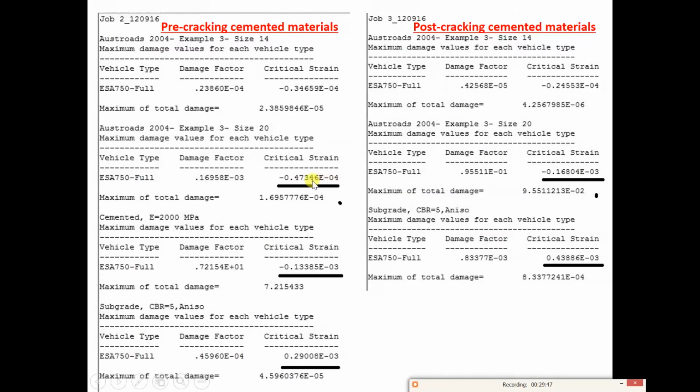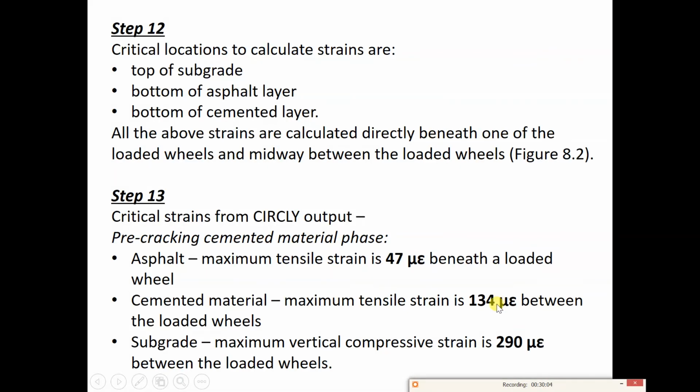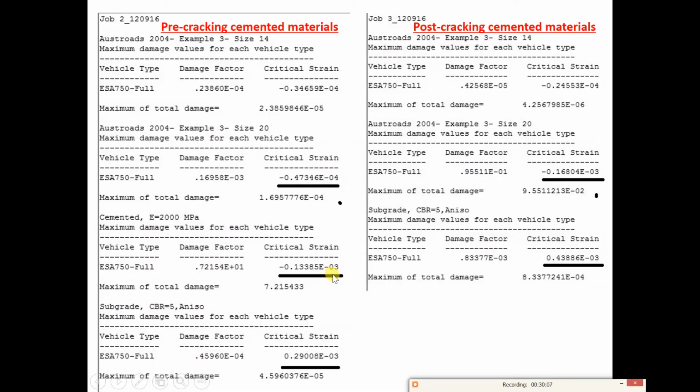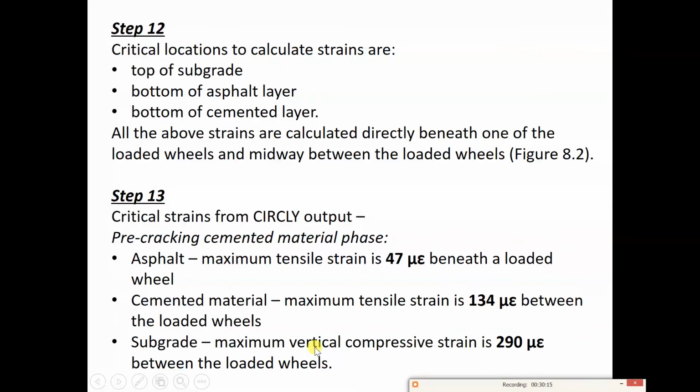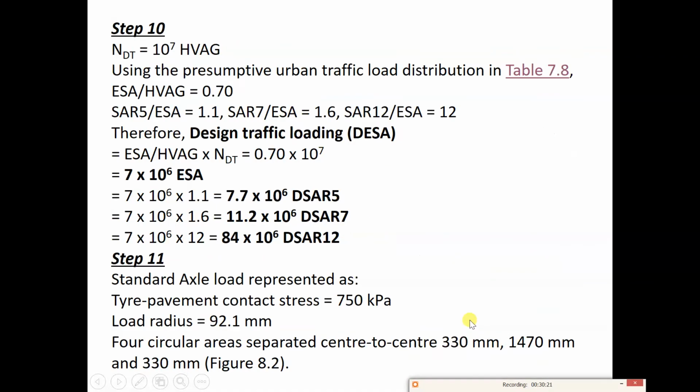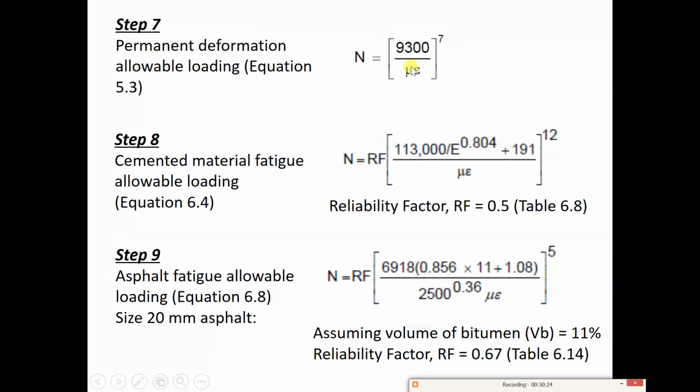This value, 0.47 times 10 to the power minus 3 multiplied by 10 to the power 6, gives us 47. And this one, 0.13 times 10 to the power minus 3, will give us 134. And this one, 0.29 times 10 to the power minus 3 multiplied by 10 to the power 6, will give us 290. So these are the values which we can put into these three formulas for the various microstrain.